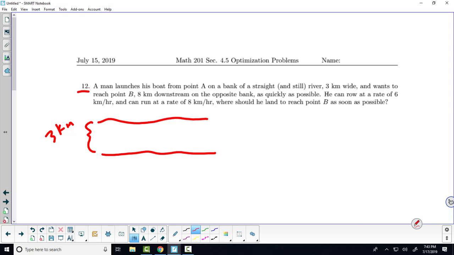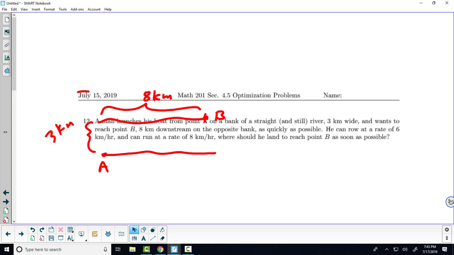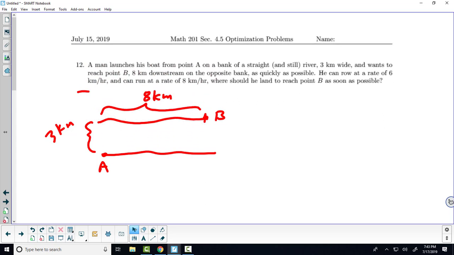And we've got some point B that's down 8 kilometers downstream from the start point of point A. Oh, that's easy enough. Okay. So what's the deal here? Well, this person can row across the stream and then run the rest of the way to point B.